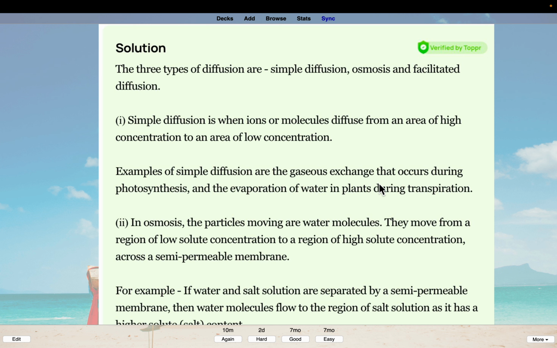And number three, facilitated diffusion is the movement of hydrophilic molecules or ions across the plasma membrane. The difference is the diffusion is facilitated by transport proteins, for example, carrier or pore proteins. All of these three types of diffusion are forms of passive transport, so they don't require energy.